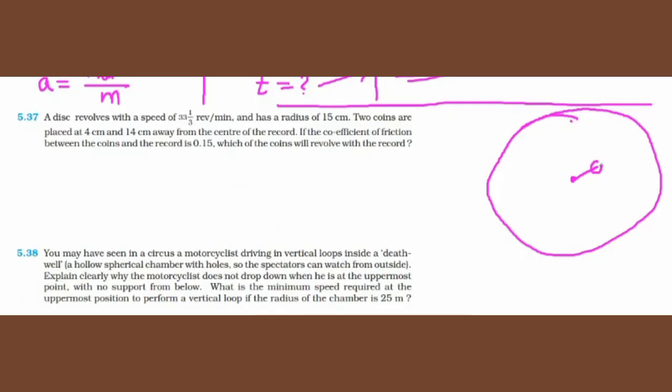One coin is placed how much distance away? This is 4 centimeter. Another coin is placed 15 centimeter. Then the disc rotates.